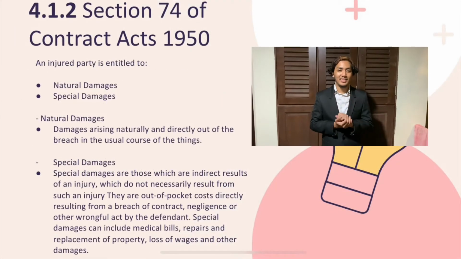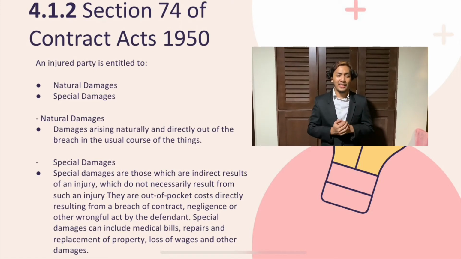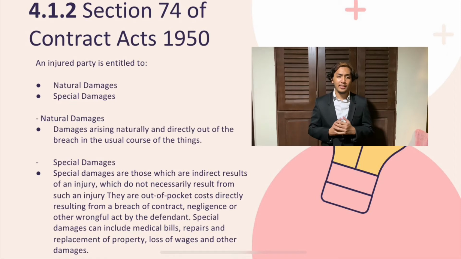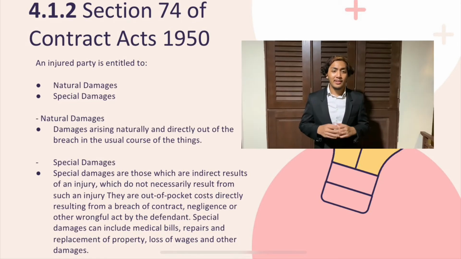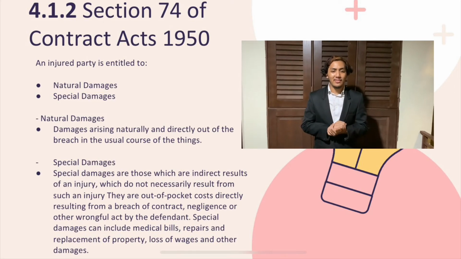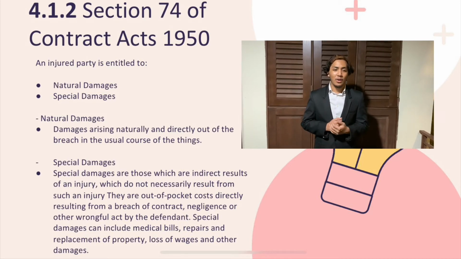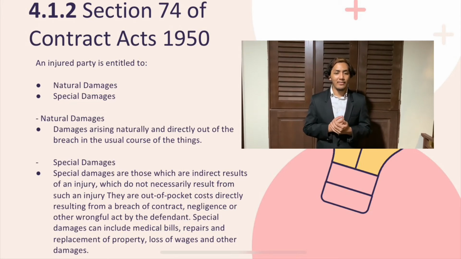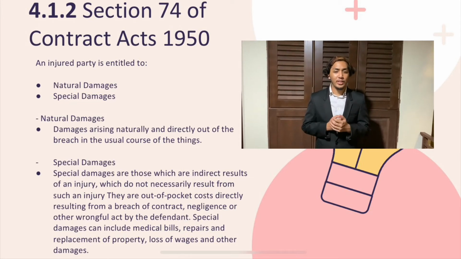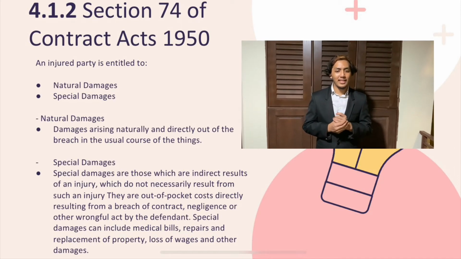Next is section 74 of the Contract Act 1950. An injured party is entitled to natural damages and special damages. Natural damages are damages arising naturally and directly out of the breach in the usual course of things, while special damages are those which are an indirect result of an injury which do not necessarily result from such an injury.